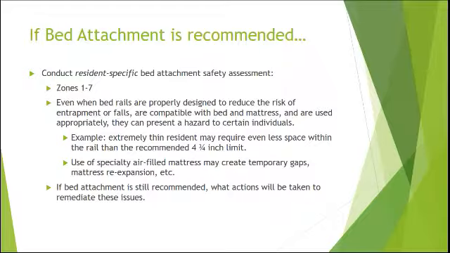If the bed attachment is still recommended, again, what actions will be taken to remediate any resident-specific risks that may still exist? So sheepskin, for example, or some kind of cushioning on a side rail if the resident has periodic behaviors that include combativeness and thrashing their arms around, and yet that risk did not apparently outweigh the benefit of having the side rail for whatever reason.